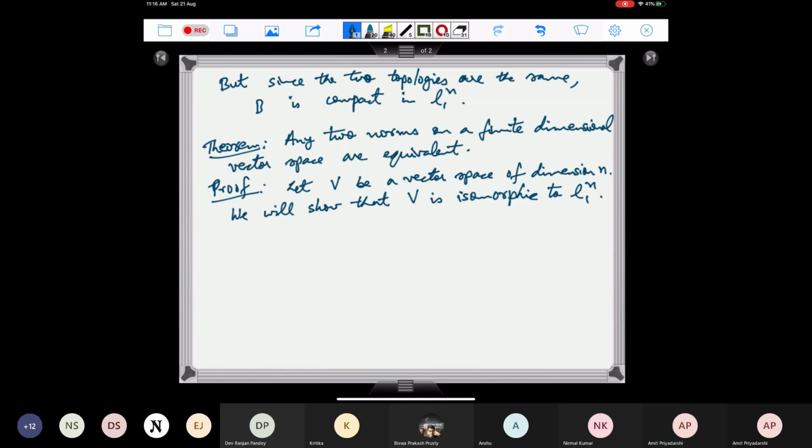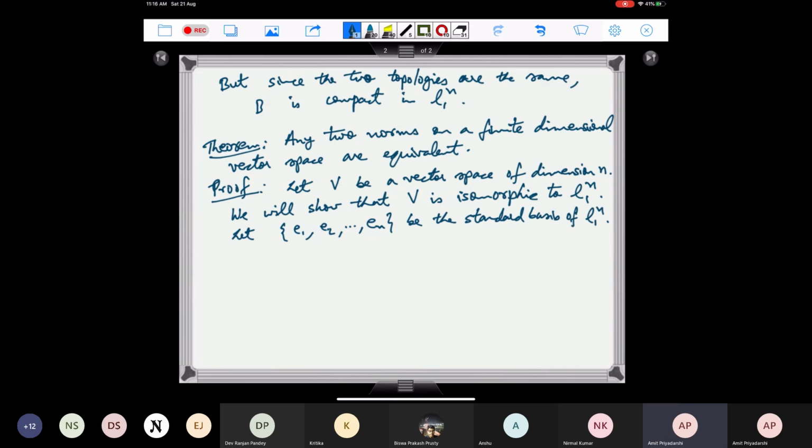So to see this, we have to define an isomorphism from V to L1n. Let E1, E2, ..., En be the standard basis of L1n, so Rn or Cn, whatever.